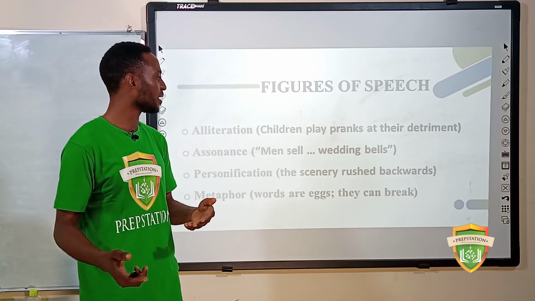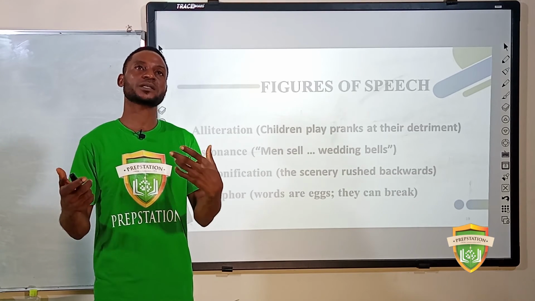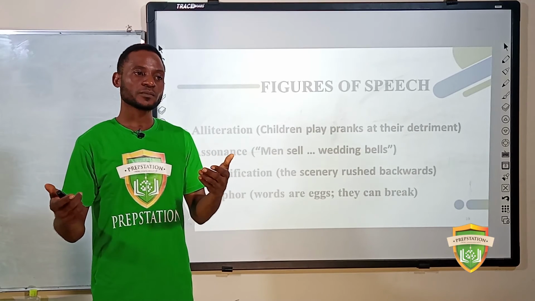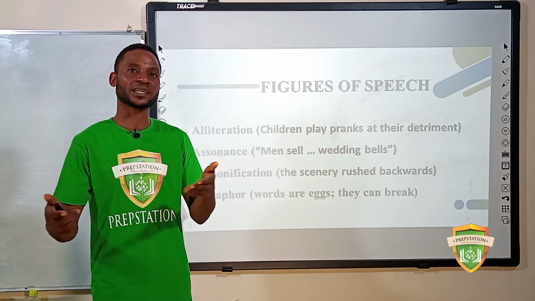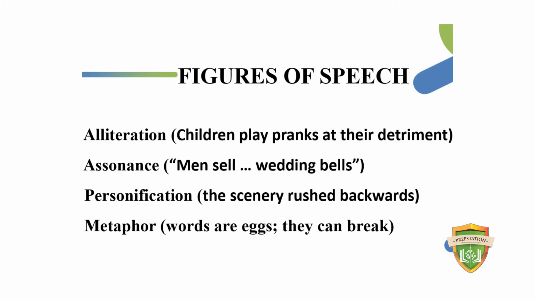On the other hand, in assonance, you have the repetition of the same vowel sound used in words that are close to one another. For instance, you have: men sell wedding bells. You have the E in men, the E in sell, the E in wedding, the E in bells. These are examples of assonance.